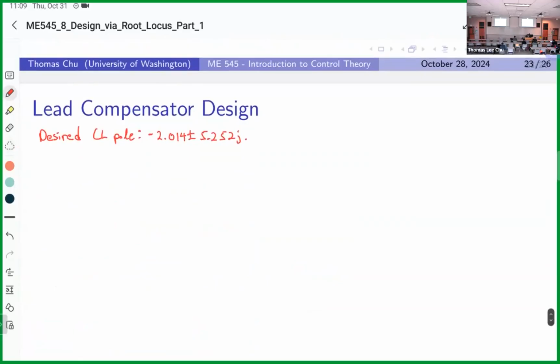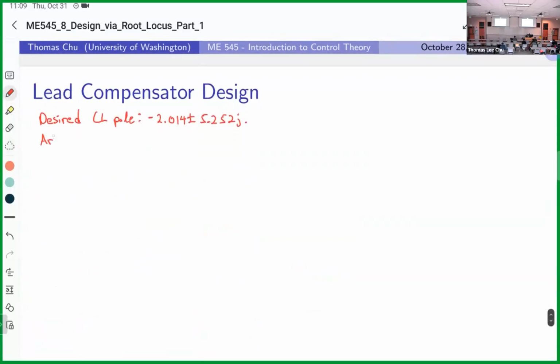Next step is to arbitrarily, and I know it's scary when you have the freedom to choose something on homework and it's open-ended, arbitrarily pick ZC and solve for PC.